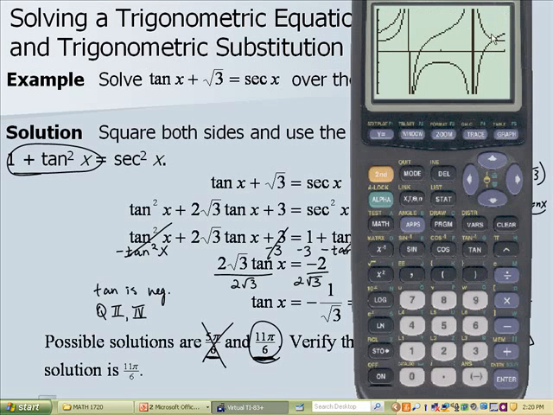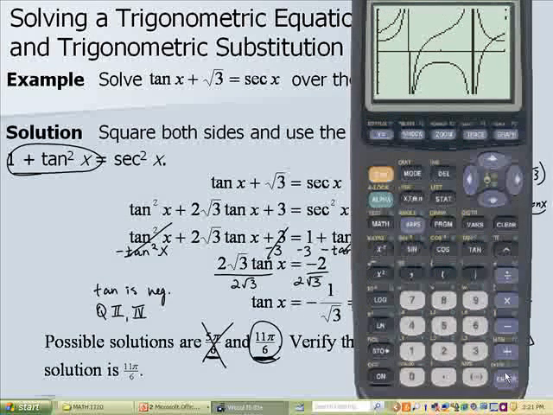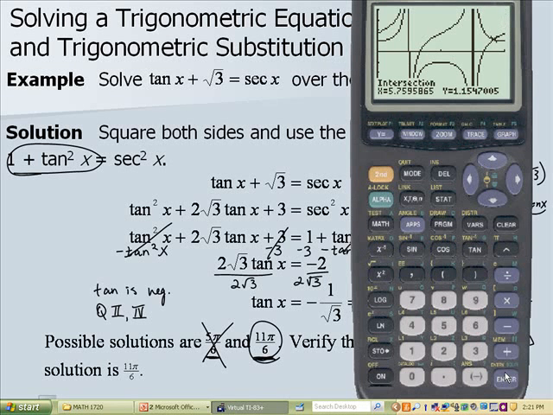And we see that this point here is the only place where our two graphs will cross each other. So we do secant trace 5 and arrow over to our place where we're crossing, and we'll hit enter 3 times. And we see that here we get 5.76.